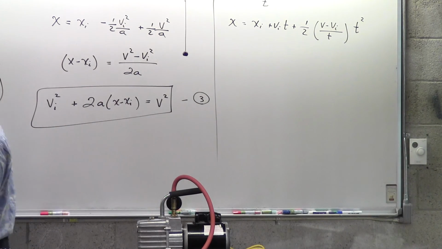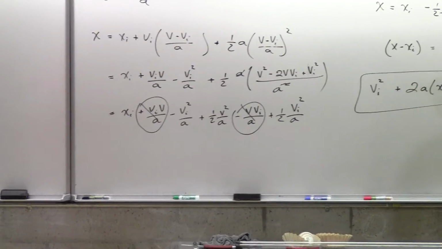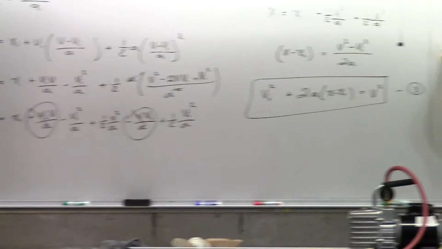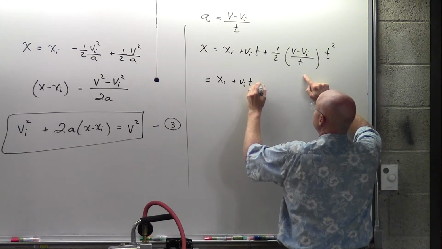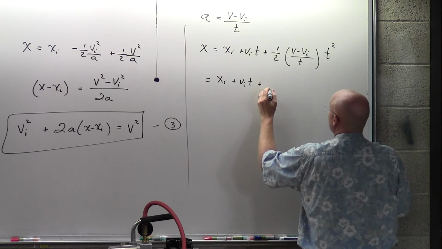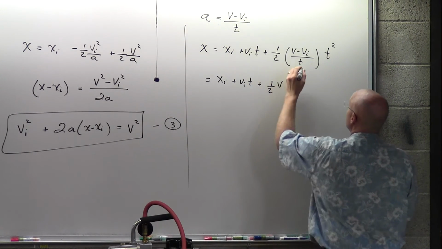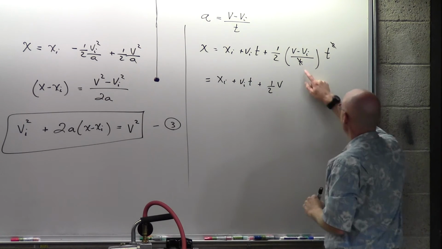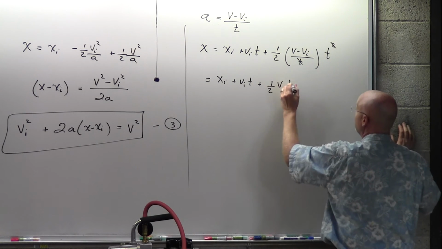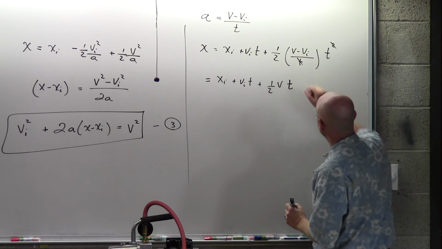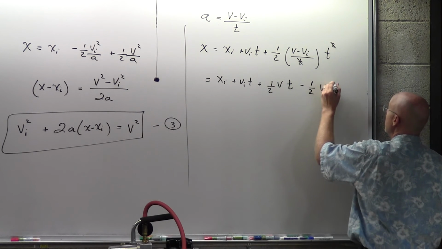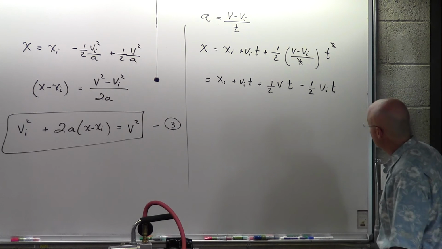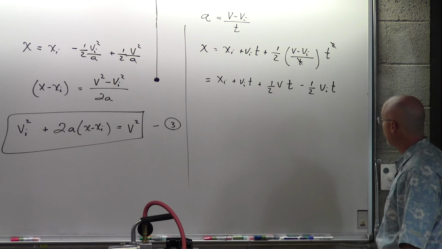This one got kind of messy there by the time we squared everything. But this one, as you'll see here in a second, has, let me cancel off a t there first. But there would be the first term, and there would be the second term when I do the distributive property.